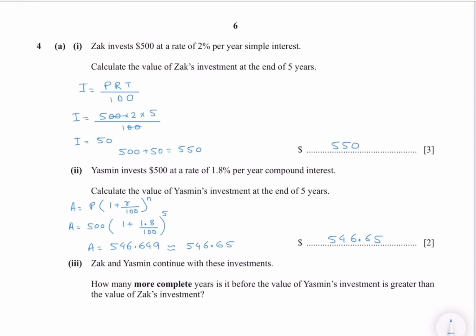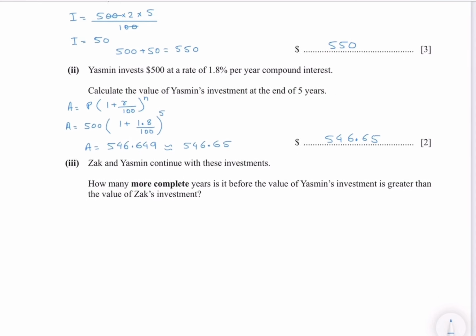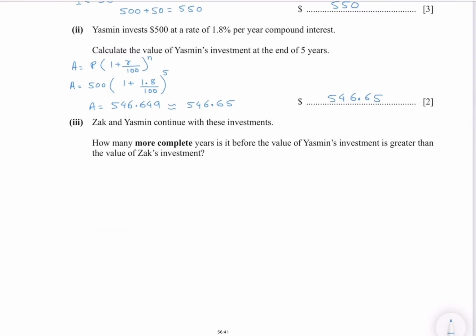Zach and Yasmin continue with these investments. How many more complete years is it before the value of Yasmin's investment is greater than the value of Zach's investment? Actually, you have to work a lot from year 5. You have already worked out year 5.